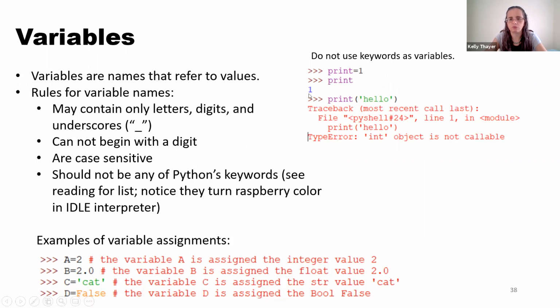It says, well, you just asked me to assign it to 1, so the value is 1. And now we go to print hello, and we get this curious message. On line 1, we get an error, integer object is not callable, and so now you can no longer do printing. That's because you've changed what print means to be equal to the number 1. So this resolves to 1 hello, which is not defined, and this is why we have this error message. So please do not use Python keywords as variables.